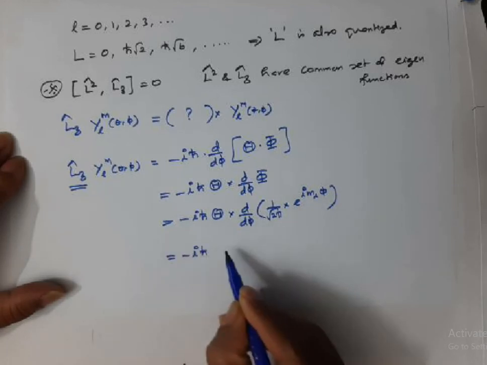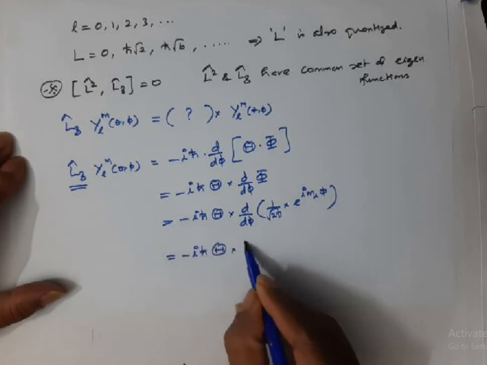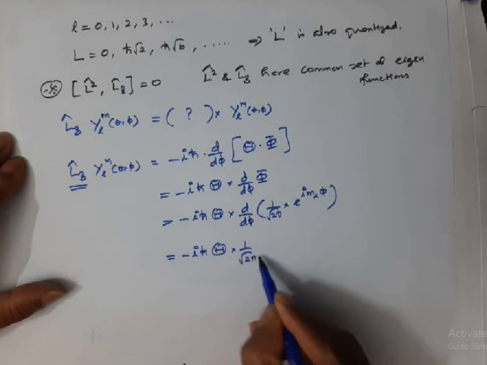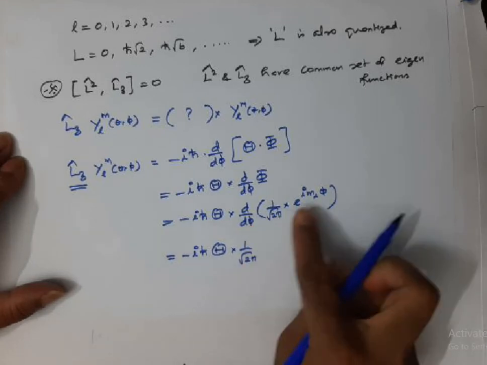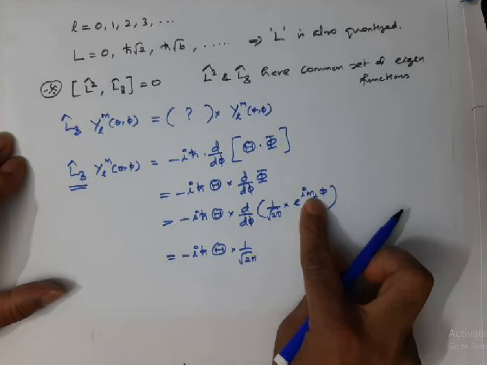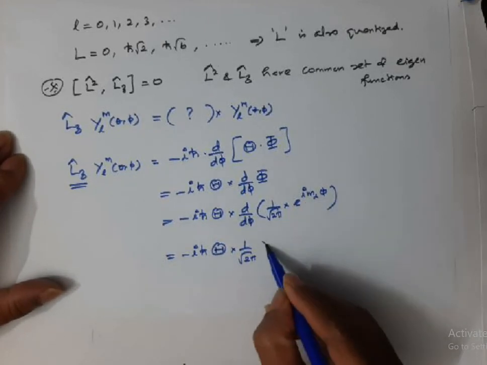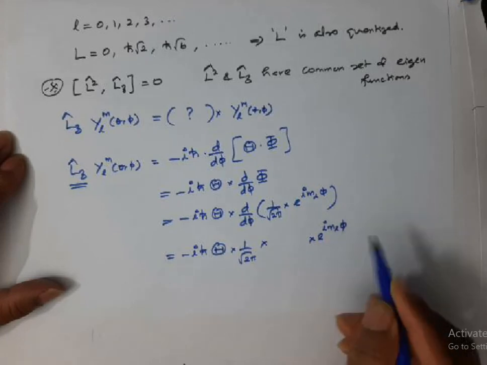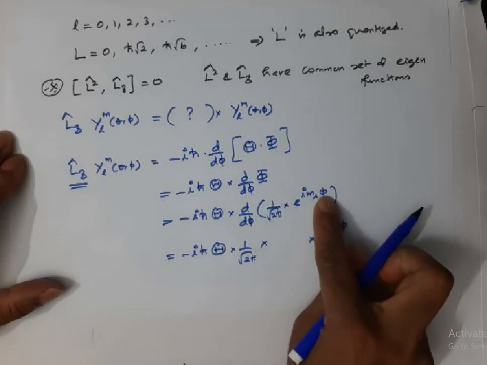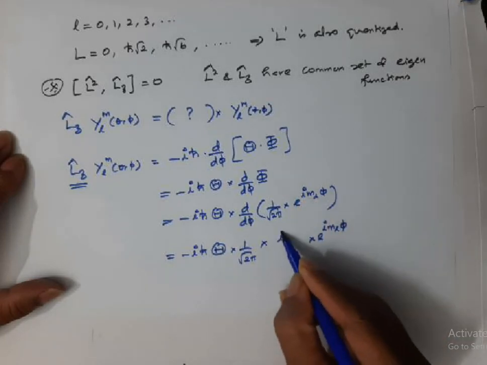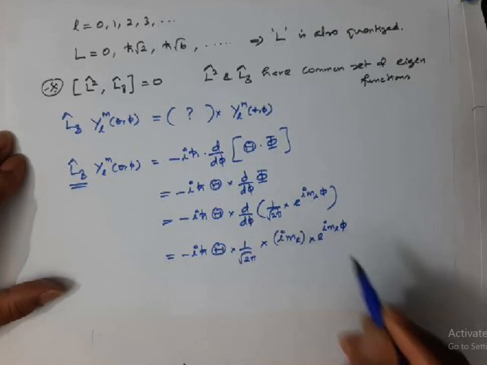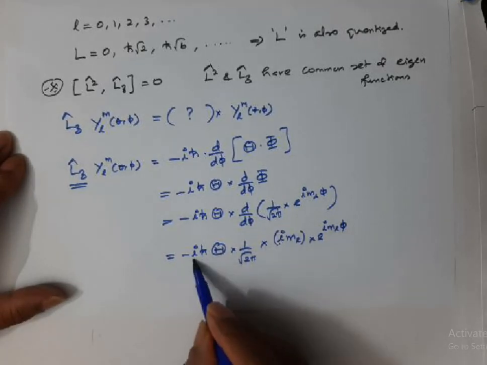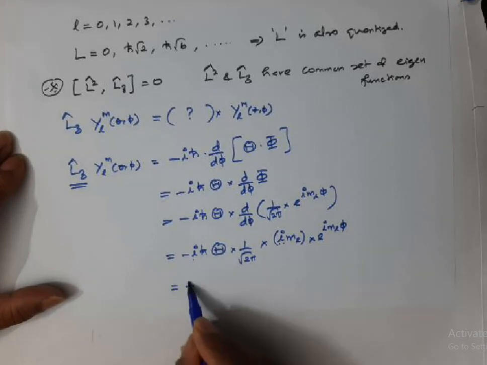Now I will differentiate this. Differentiating e power i ml phi gives the same e power i ml phi multiplied by the coefficient of phi, which is i ml. Now i into i, that is i square, is minus 1, so minus and minus become plus.